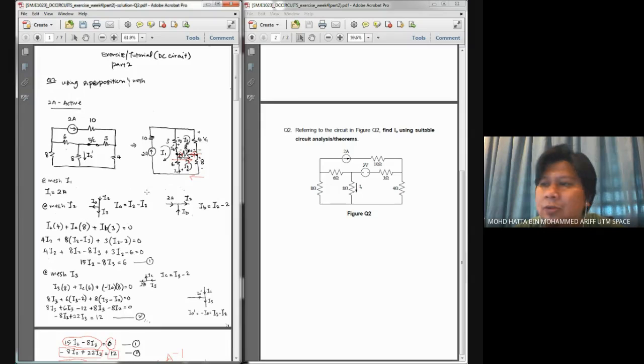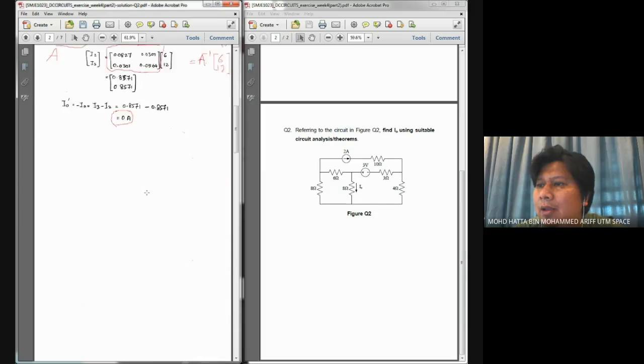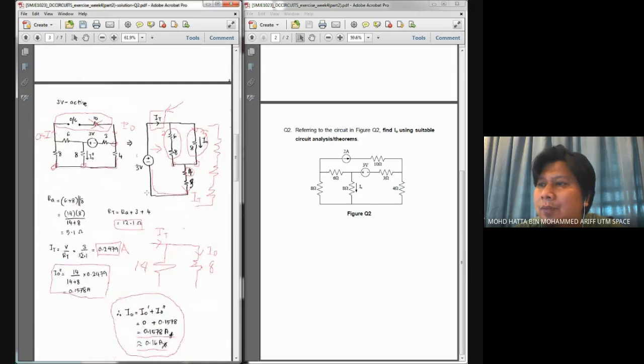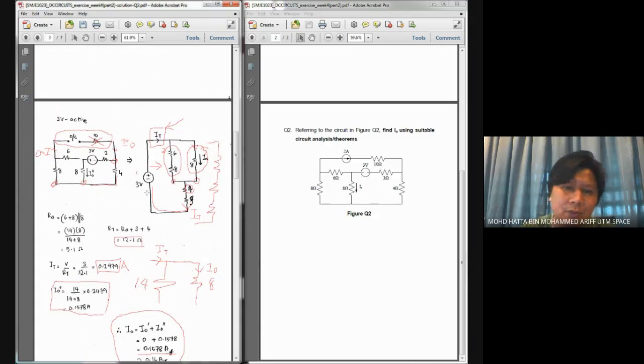That one is also crucial. And same goes to here. And the way we solve the circuit that we simplify, we do have a few options. For example, at the top over there, I think mesh is the most suitable one.